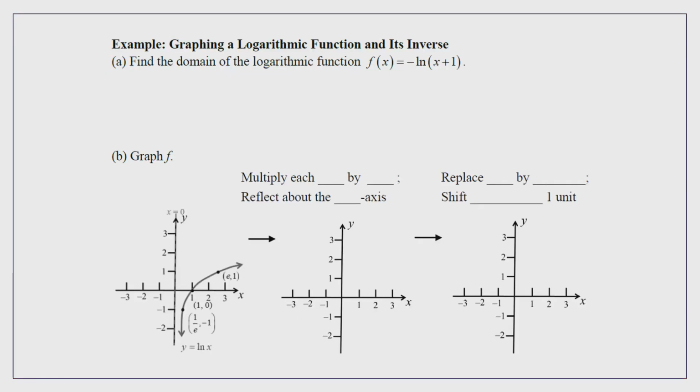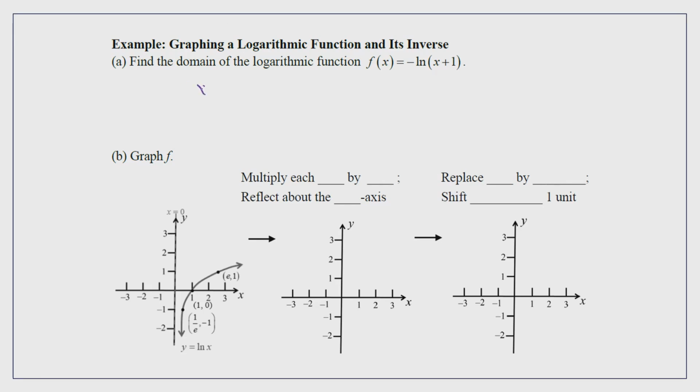We're now going to find the domain of the logarithmic function f of x equals negative natural log of x plus 1. Similar to the logarithmic function, the natural log also has to have a domain that's greater than 0.